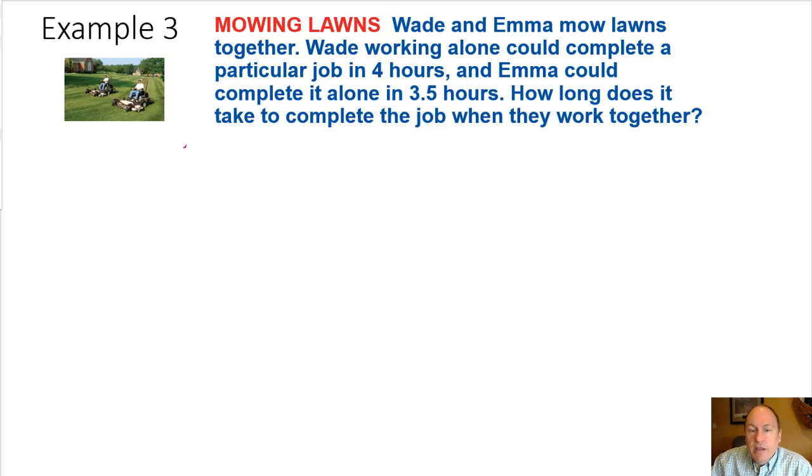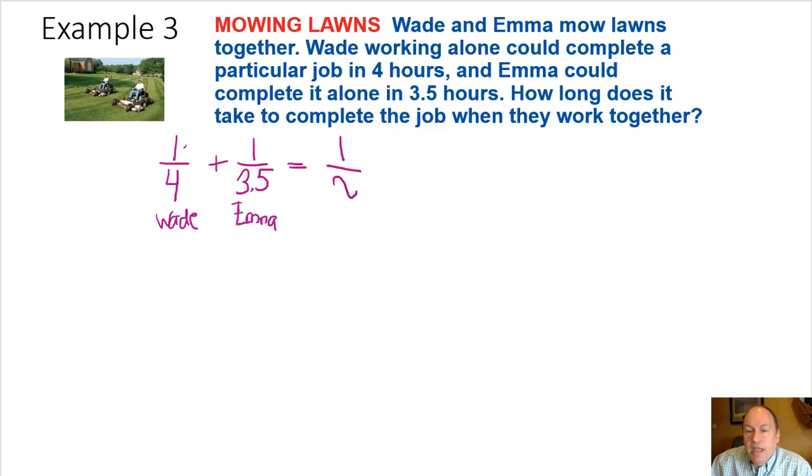So if we look at Wade, Wade can complete 1/4 of the job in 1 hour. Emma could complete 1 over 3.5 parts of the job in 1 hour. So together, they could do that same fraction in x hours.